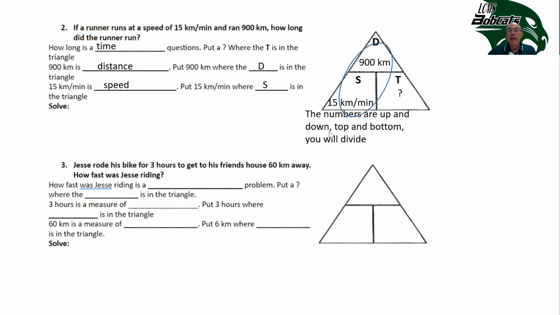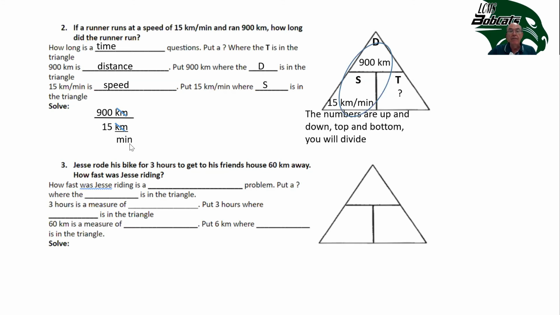Now the numbers are up and down, or top and bottom. So that means we're going to divide. So let's solve the problem. We have the 900 kilometers, divided by the 15 kilometers per minute, which is what we put in the triangle over here. This bar on the triangle is this divided by bar right here. Now, we see on the top kilometers and on the bottom kilometers, so we can cancel those.